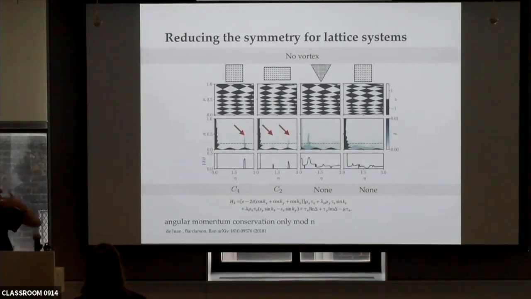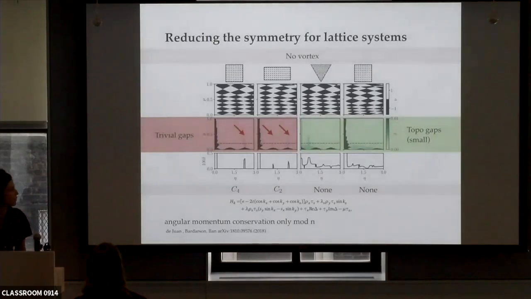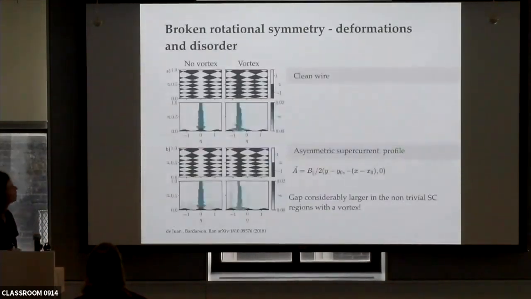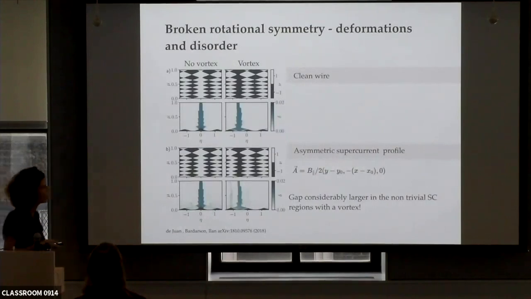Okay? So now we want to see what the role of phase winding is in systems that have reduced symmetry, and whether that gives you some advantage. Okay? So now we're going to break rotational symmetry in various ways, and contrast the situation between having phase winding and not having. So this is again a clean wire. This time it's a discrete lattice system.